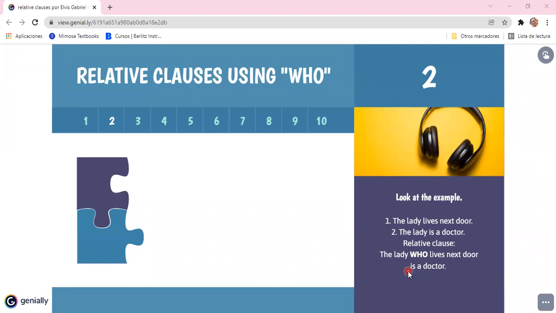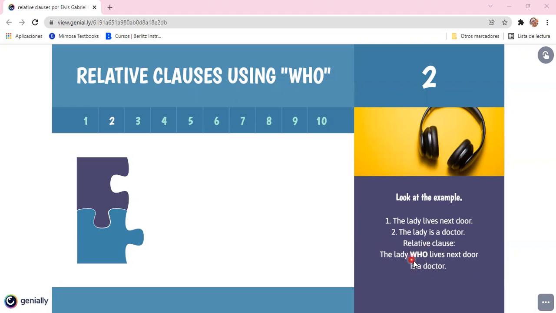When we want to connect the two sentences, we can do that by using the word who, the relative pronoun who. When we use who, we are connecting information about people. So when we connect the two sentences, we end up with the lady who lives next door is a doctor.